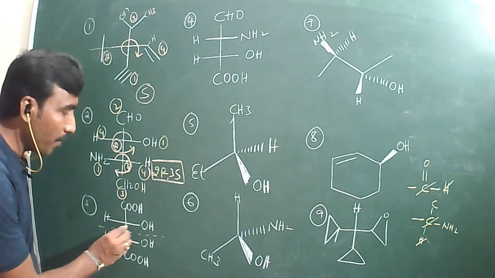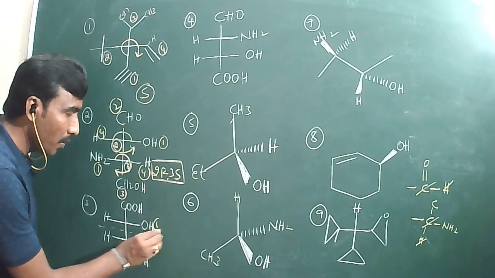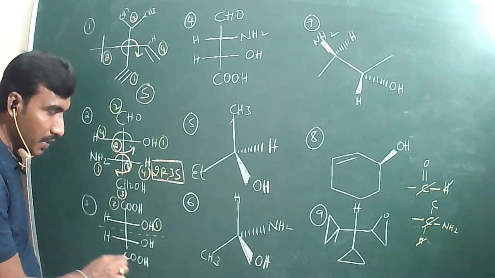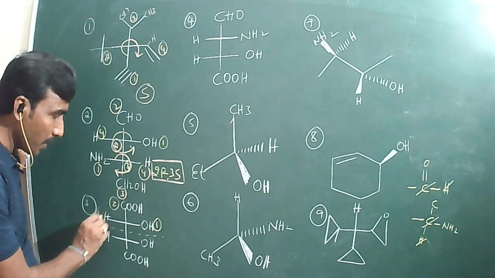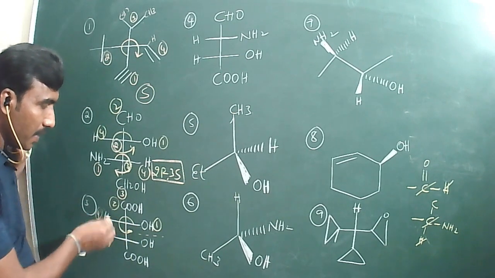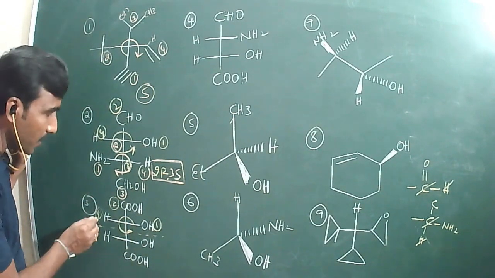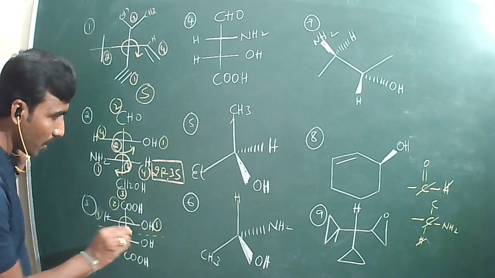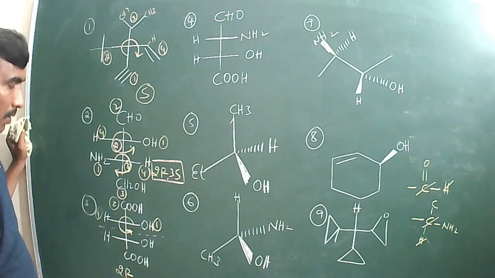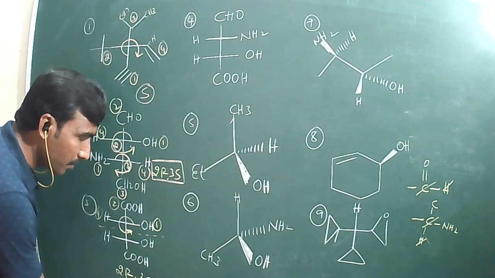Now tell me, first priority should be given to oxygen, second priority, third priority this entire group, and fourth priority here. So 1 to 2, 2 to 3 anti-clockwise, but the least prior group is on horizontal line. So what I should give? R. So it should be 3S or not?